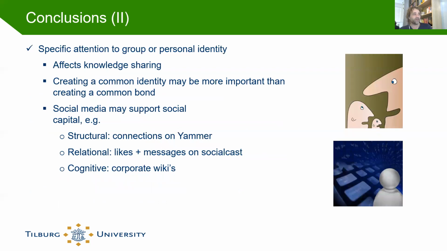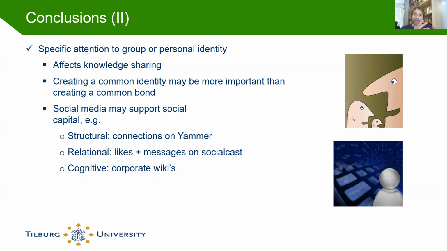So finally, what I think is pretty interesting, is that there is a kind of an interplay again between the social aspects of a virtual team and people working in an organization, and the technical aspects. So social capital, common bond, and common identity are very important social tools, maybe, to stimulate people to work together in an organization.